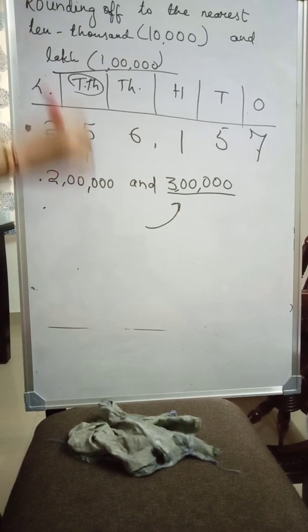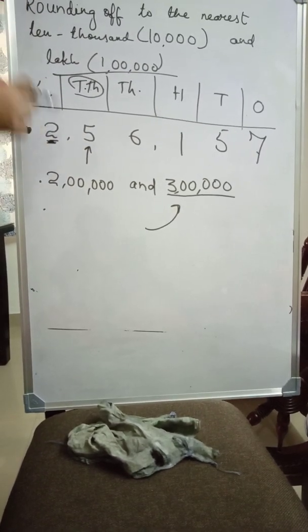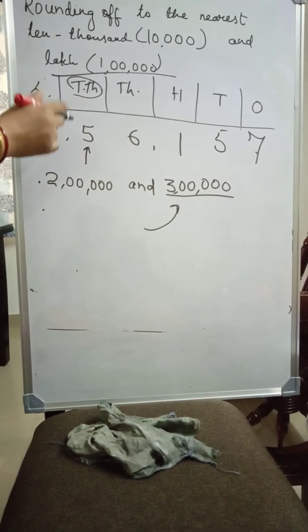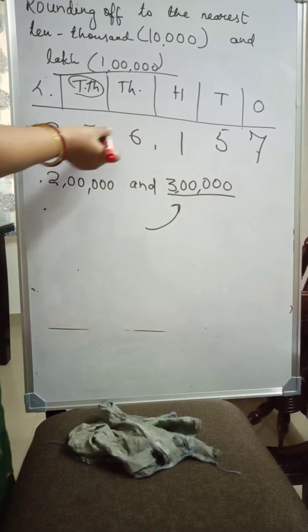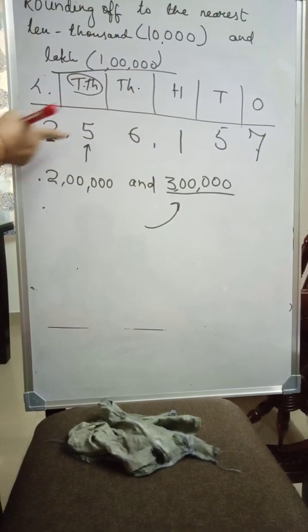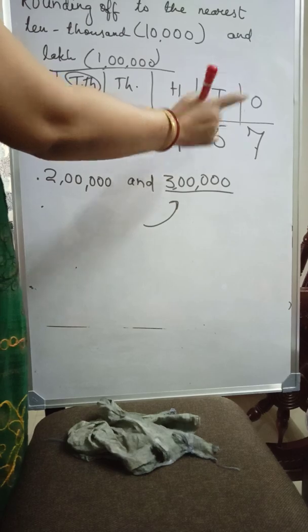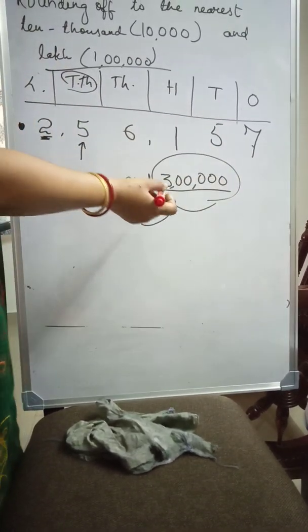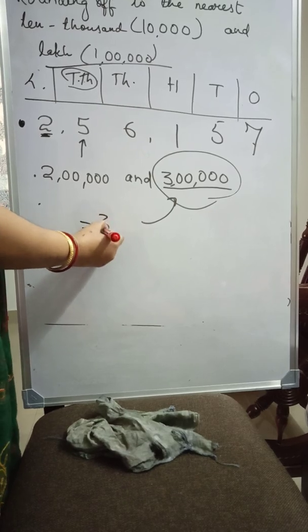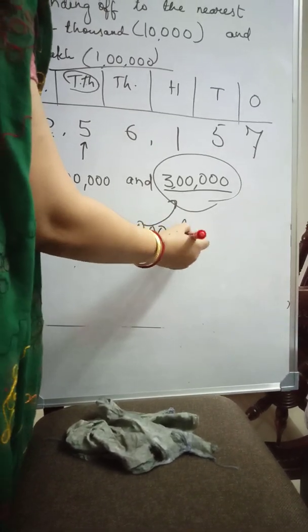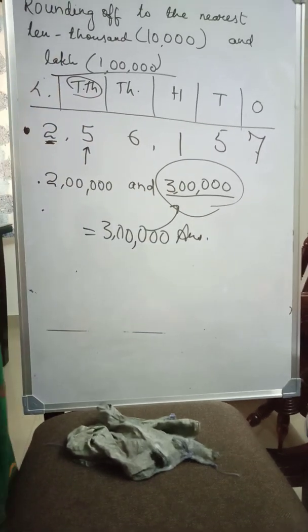Then we have to round off to the nearest multiple of 1 lakh which should be more than 2,56,157. So what is the round off of 2,56,157? It is 3 lakhs. So the answer is 3 lakhs.